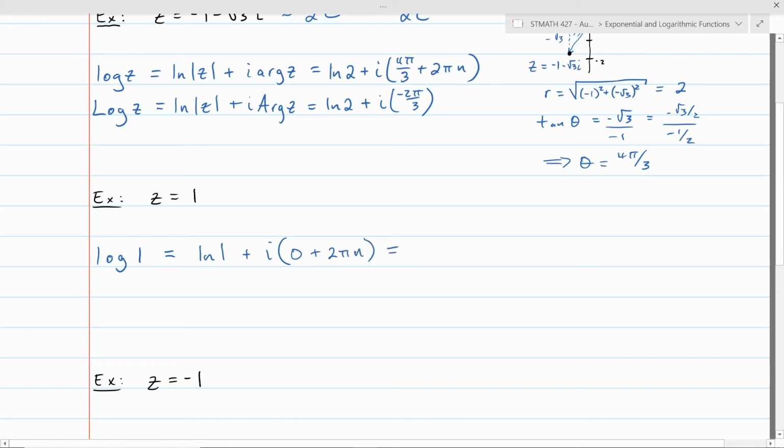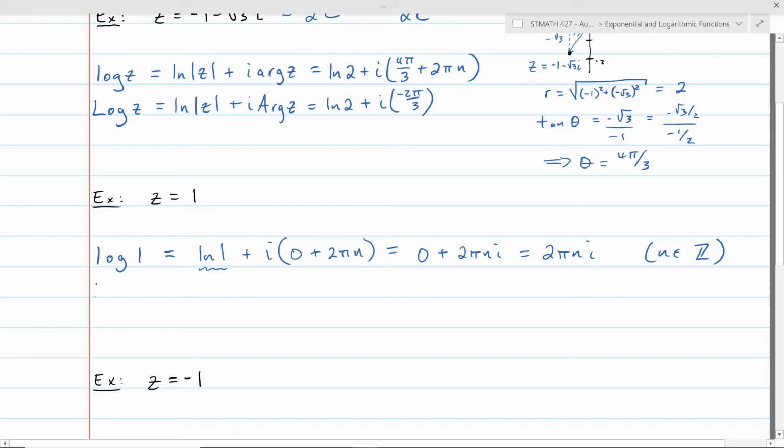Natural log of 1 is just 0, so you get 0 plus 2 pi n i, or simplifying, it's 2 pi n i, n being an integer. So log of 1 isn't just a single number, of course. It's a multifunction, but all the values are of that form, 2 pi n i.